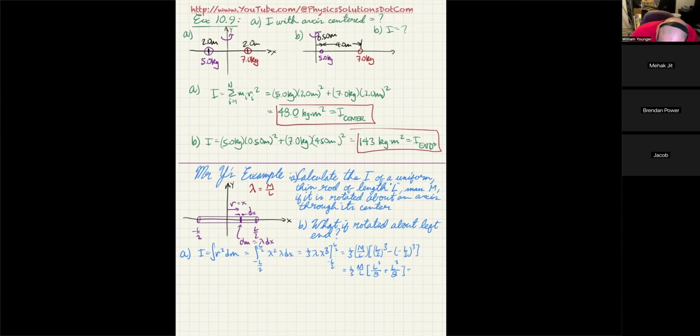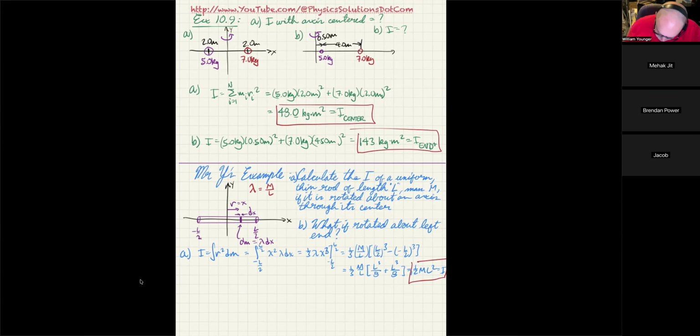So that's going to be 1/12 M L squared is equal to the moment of inertia. So that's the answer, 1/12 M L squared. And if you actually looked at the table on the previous page or in section 10.6 or 10.5, it's page 276, that's exactly the formula you get.